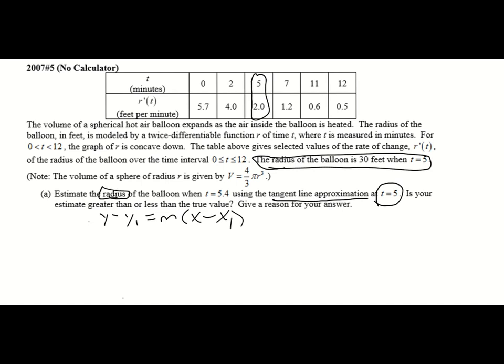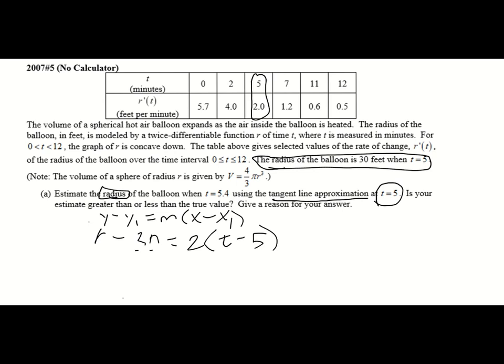That'd be an r value. So we might change it to r minus 30 equals 2 times t minus 5. So that is the tangent line approximation for this problem.